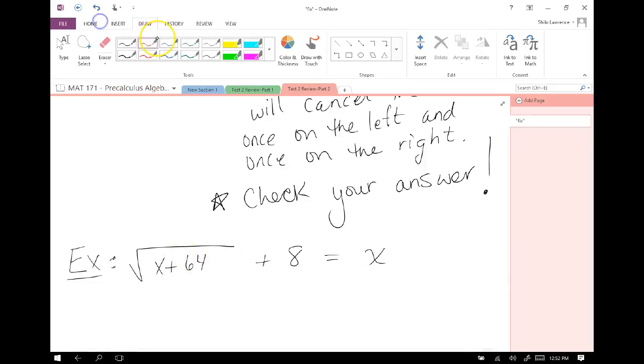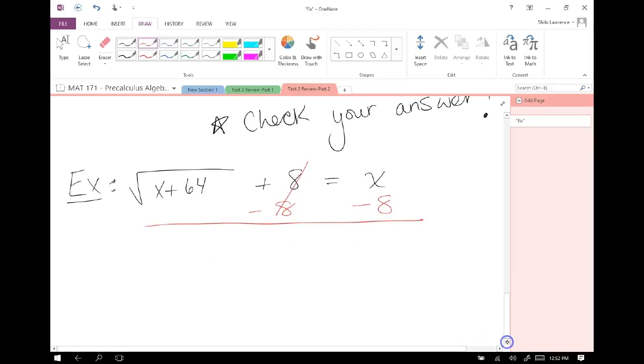So the very first step here is to get the square root piece all by itself. So I'm going to subtract that 8 over to the right. And that will get my square root piece all by itself on the left. And then I'll have square root of x plus 64 equals x minus 8. So now my square root piece is all alone on the left.